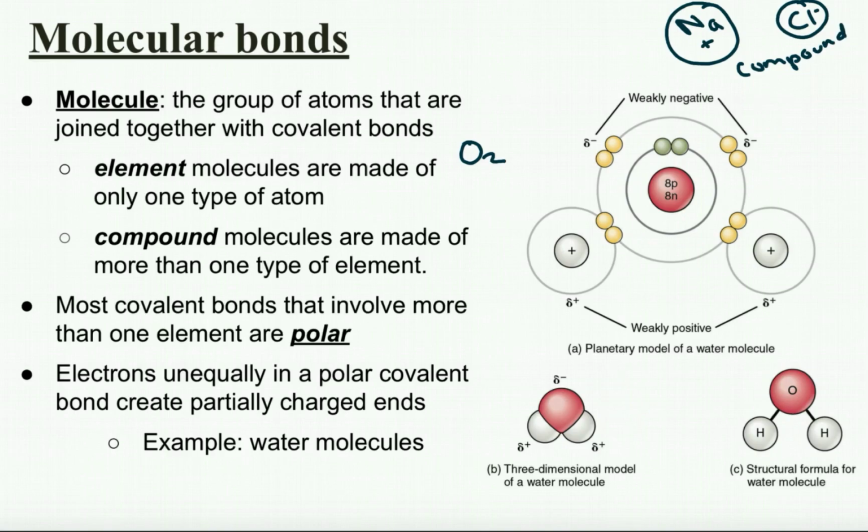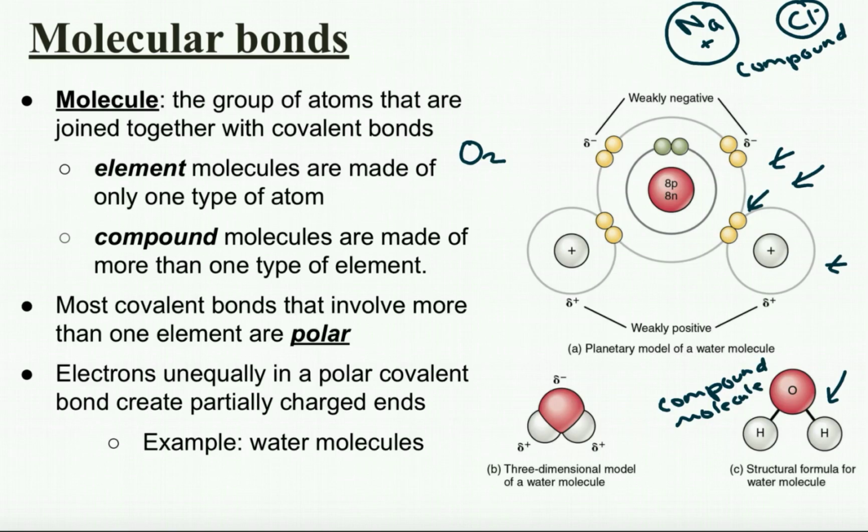But this water molecule has covalent bonds because they are sharing electrons, and they have 2 or more different elements. They have hydrogen and oxygen here. So this is another simplified picture of the water molecule. This would be a compound molecule. So that's the idea.